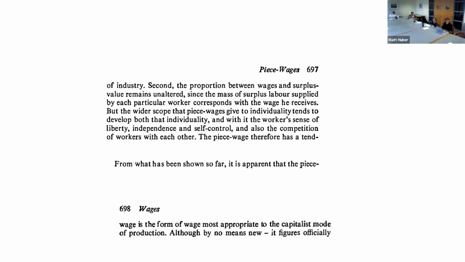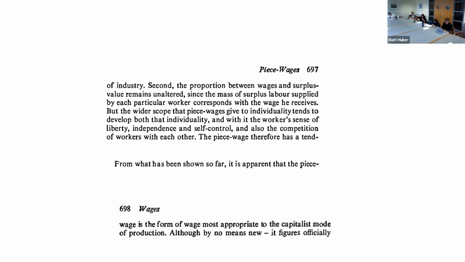Later on, he says the piece wage is a form of wage most appropriate to the capitalist mode of production. So workers even feel like, again, the more work I do, the more wage I get. So the labor I'm giving to the capitalist is equal to the wage I get, right?